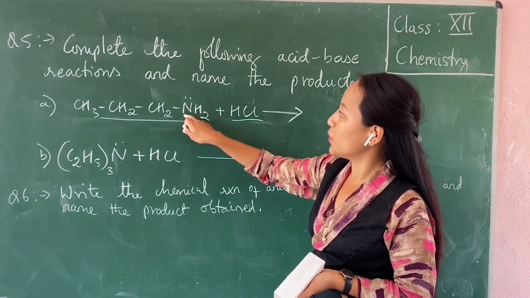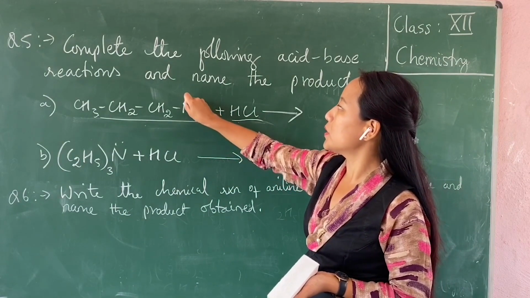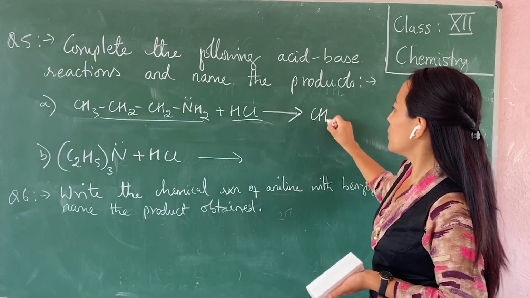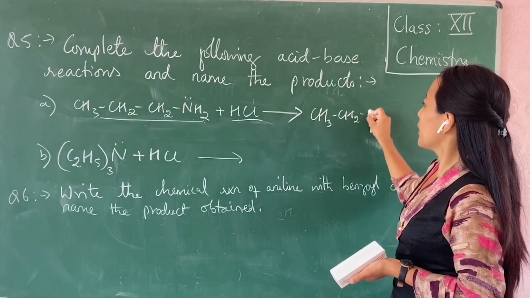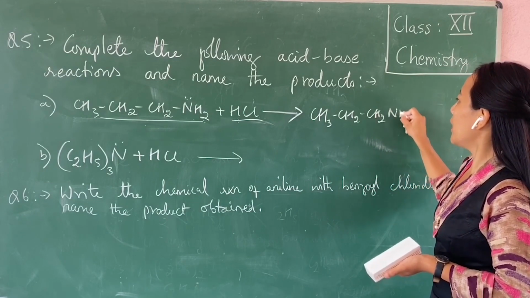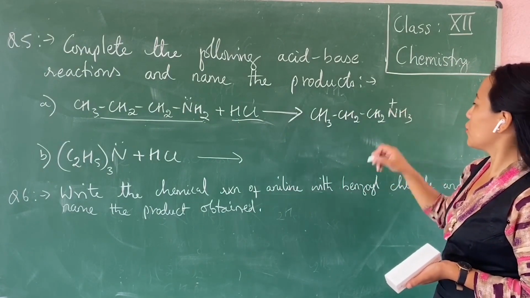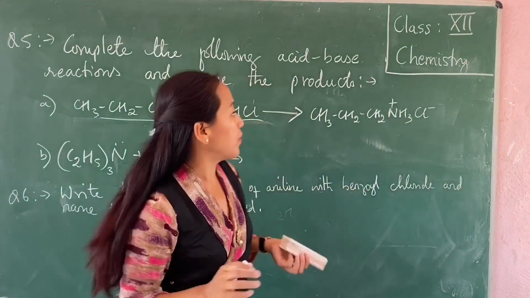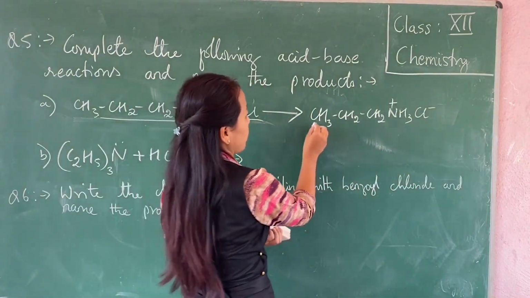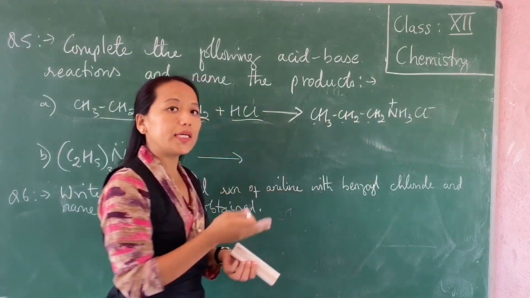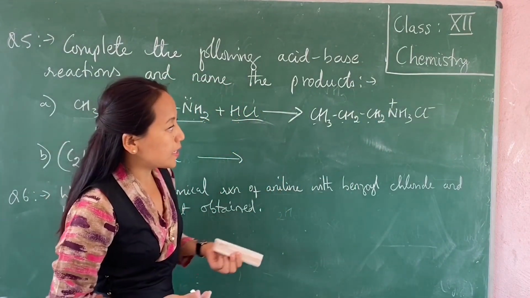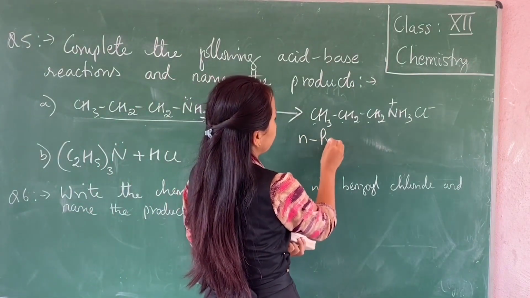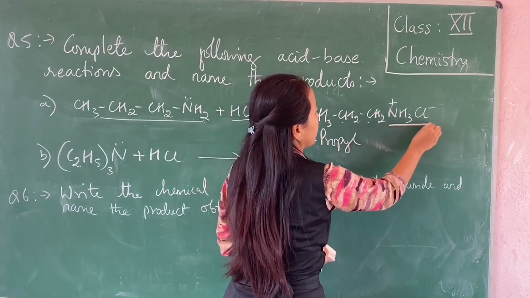Now this nitrogen with the lone pair of electrons will use its lone pair in forming a bond with this hydrogen atom, and it forms CH3CH2CH2NH3 with N having a positive charge, and then Cl minus. Now it also says name the product. So the name of the product: 1, 2, 3 carbon atoms, 3 carbon atoms stands for propane. So in this case it is propyl. So this is N-propylammonium chloride.